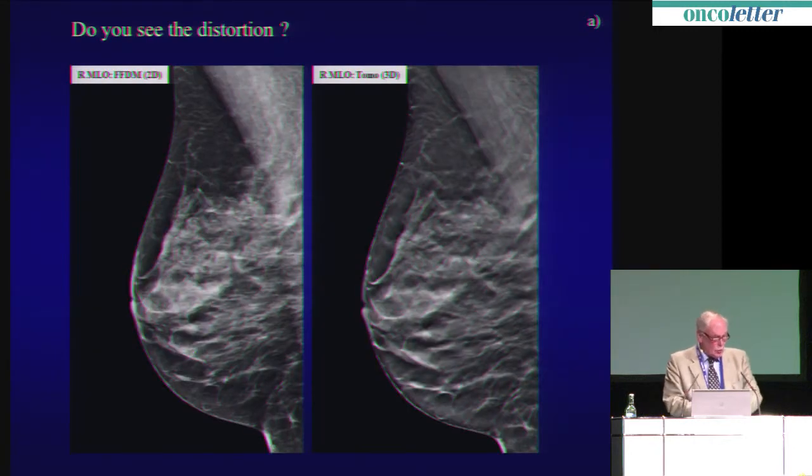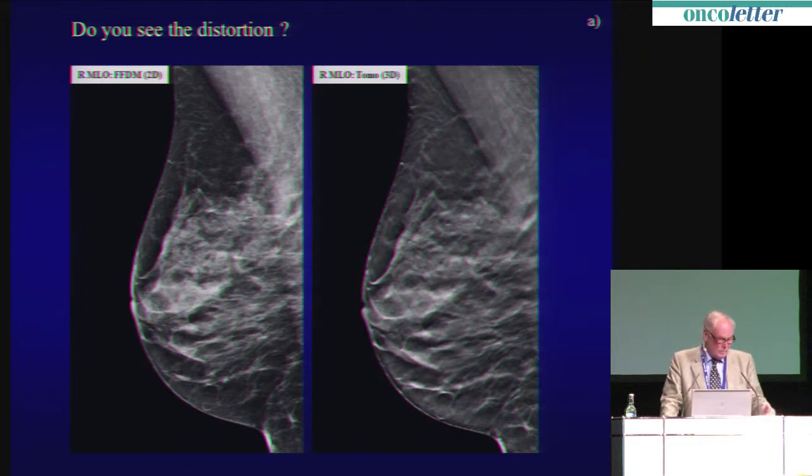Do you see the distortion in this case? Left, you have a conventional 2D. To the right, you have a tomosynthesis. You have a perception problem in this case. It is not so easy to detect these abnormalities.